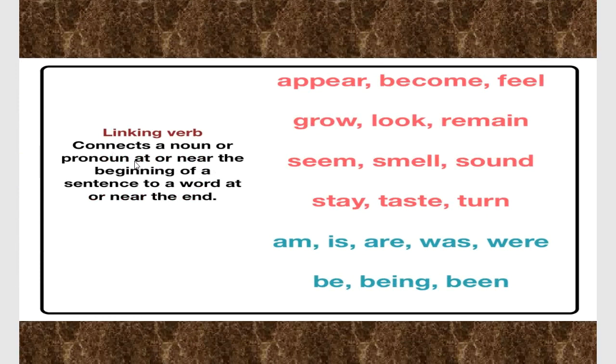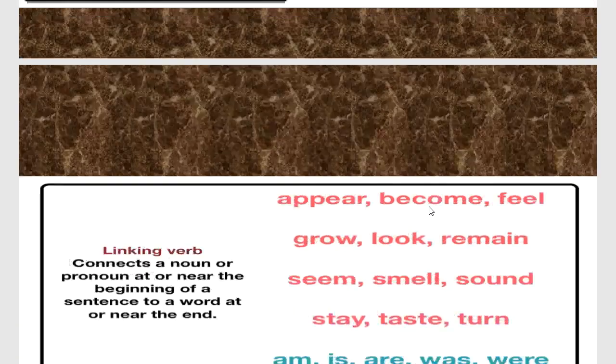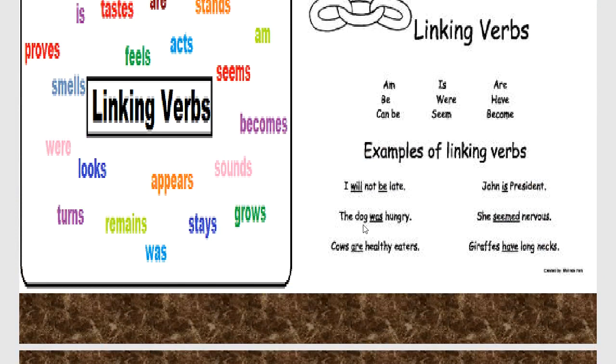A linking verb connects a noun or pronoun at or near the beginning of a sentence to a word at or near the end of a sentence. So what is the linking verb doing? The linking verb is joining the noun or pronoun. Here, the noun is at the beginning of the sentence or near the beginning.